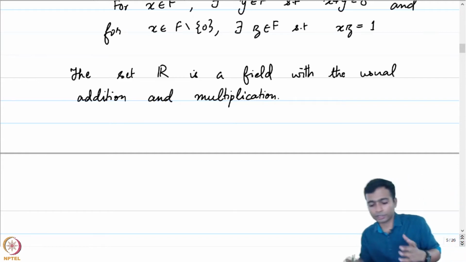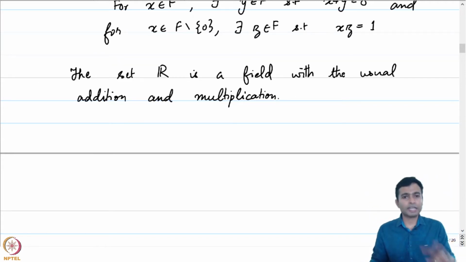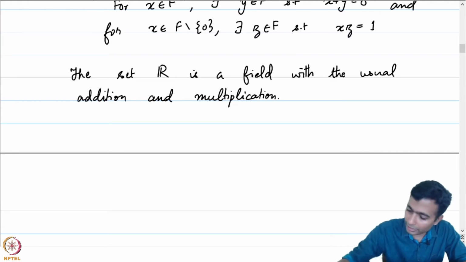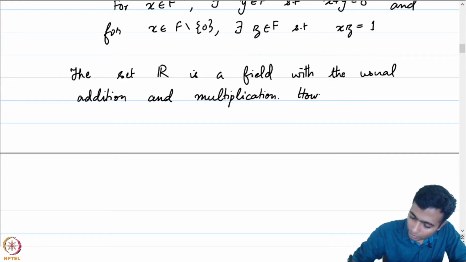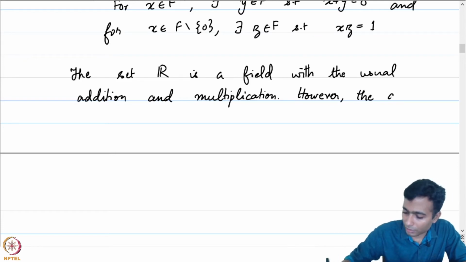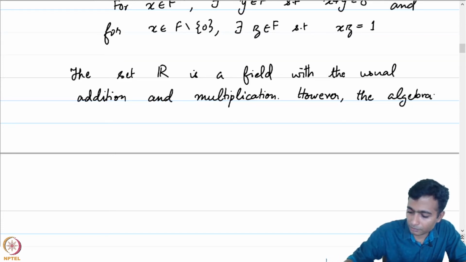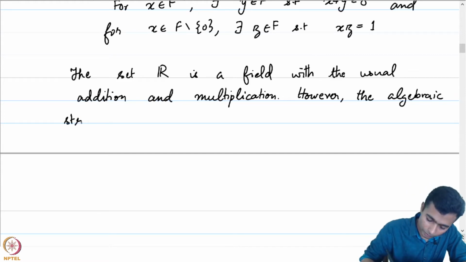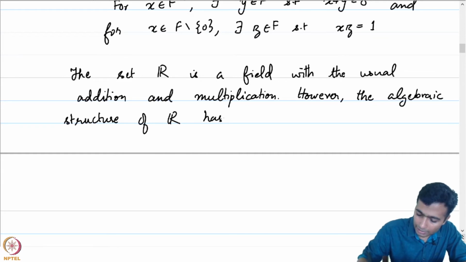But the algebraic structure of the field of real numbers has certain drawbacks. So let me just note that down. However, the algebraic structure of R has certain deficiencies or drawbacks.